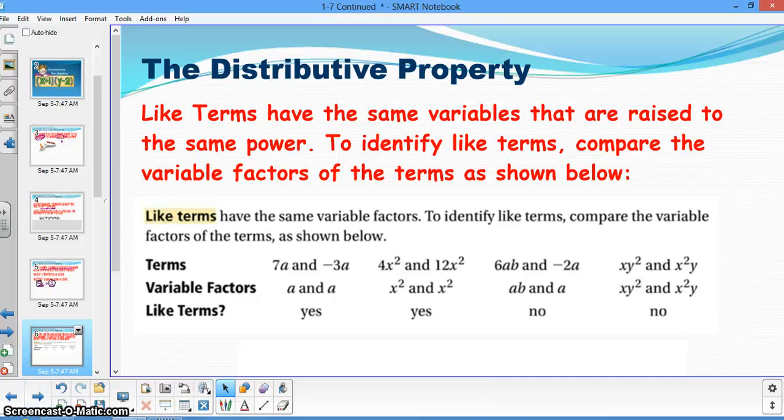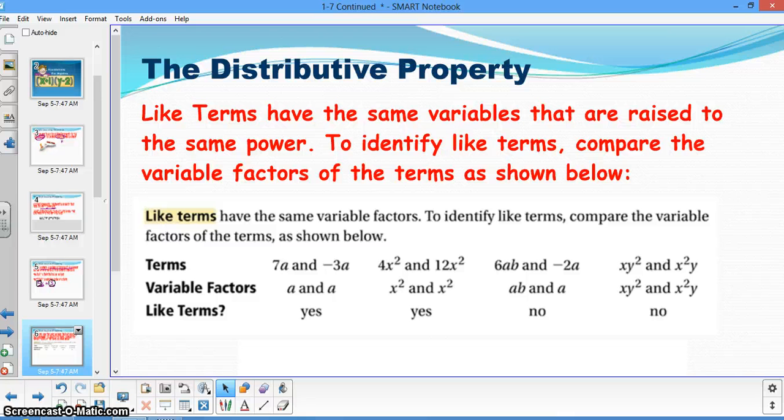7a and negative 3a are like terms. They both have the same variable a. 4x squared and 12x squared are also like terms because, again, they have the same variable x squared. Please don't let the exponent confuse you. What about 6ab and negative 2a? You should have said no, they are not like terms.